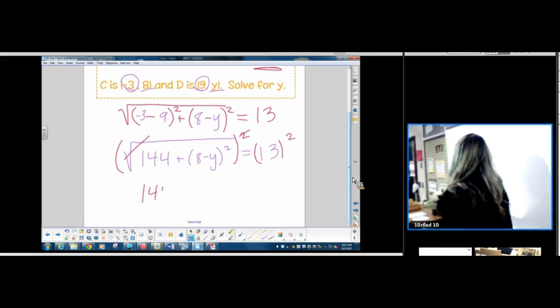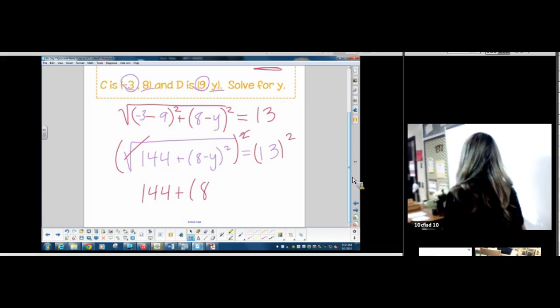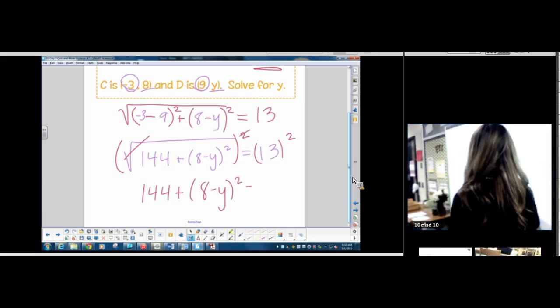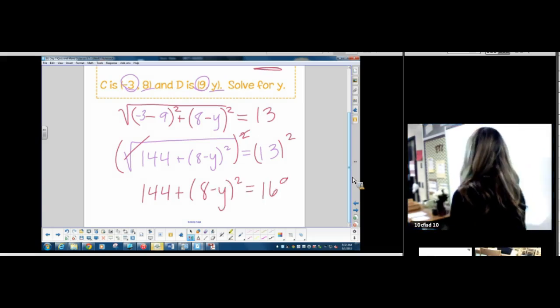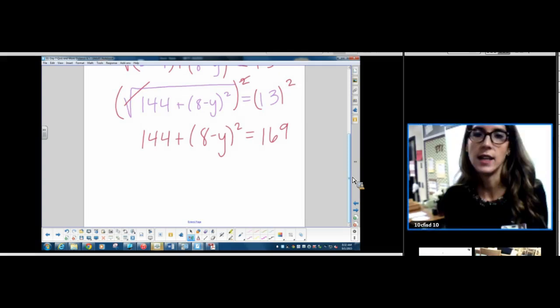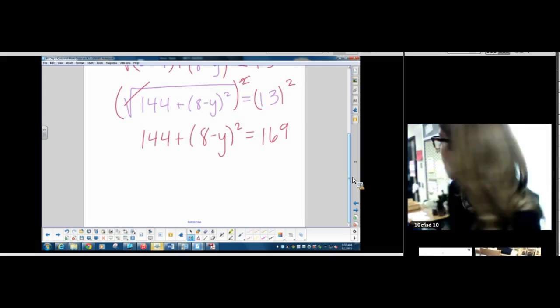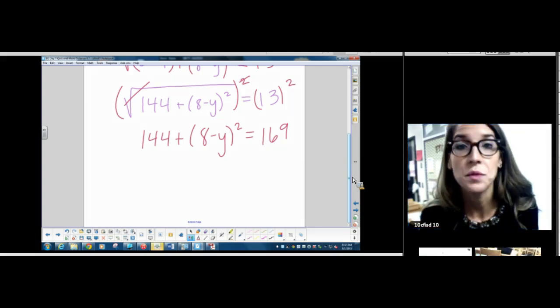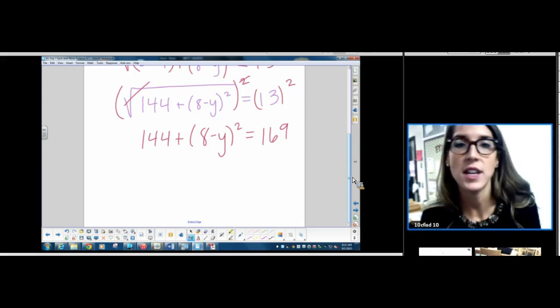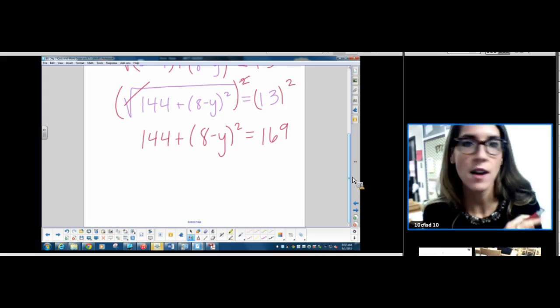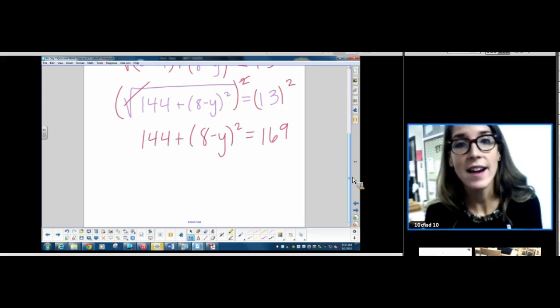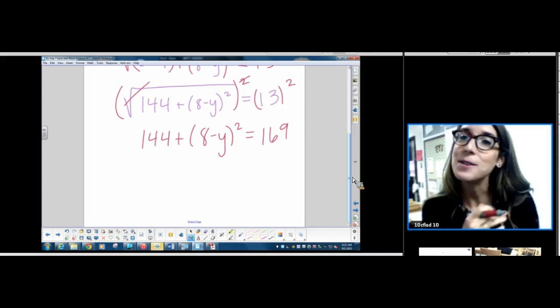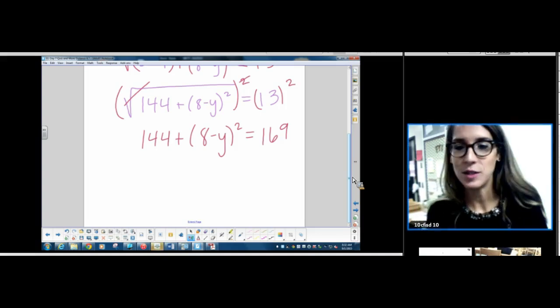We're going to have 144 plus (8 minus y) squared equals 169. Did I lose anybody yet? On the left side, all I did was remove the radical. Did I touch anything underneath that square root sign? No. On the right side, all I did was square it, because whatever you do to one side, you must also do to the other.